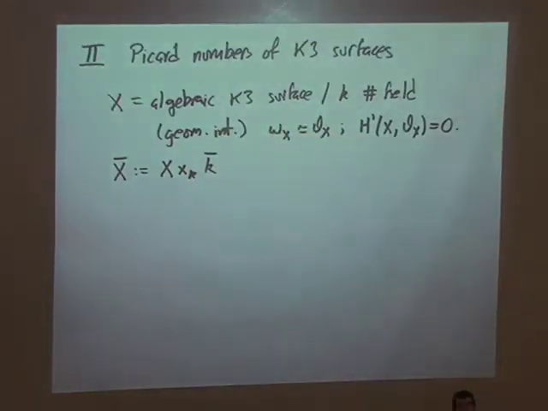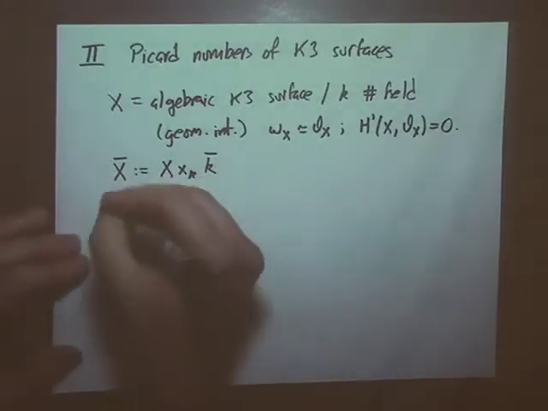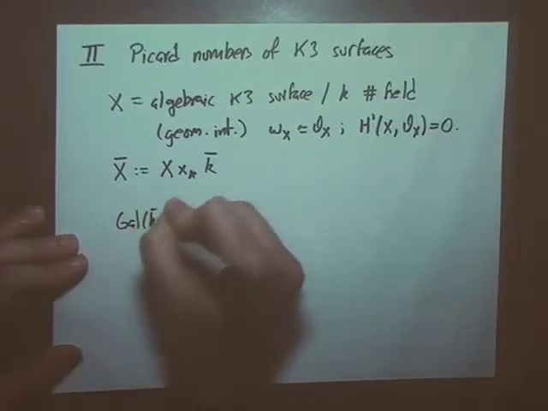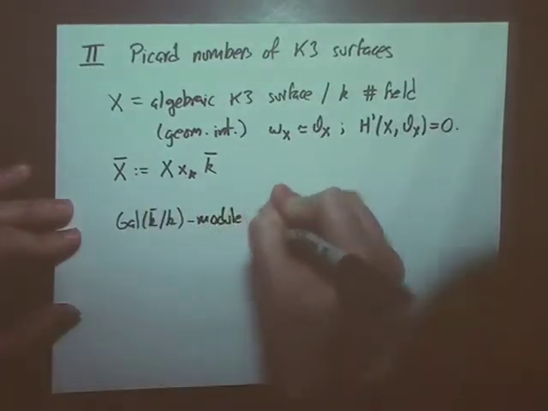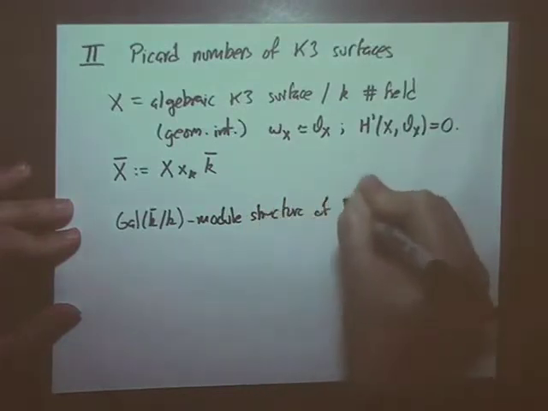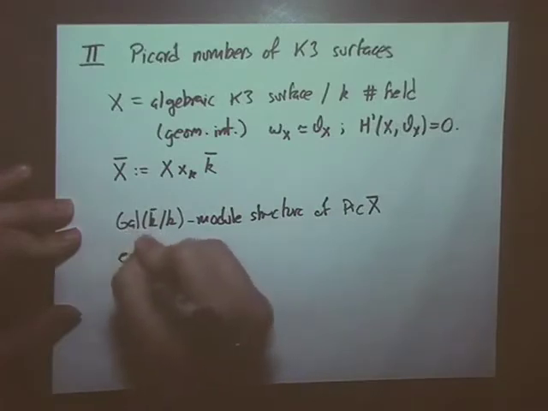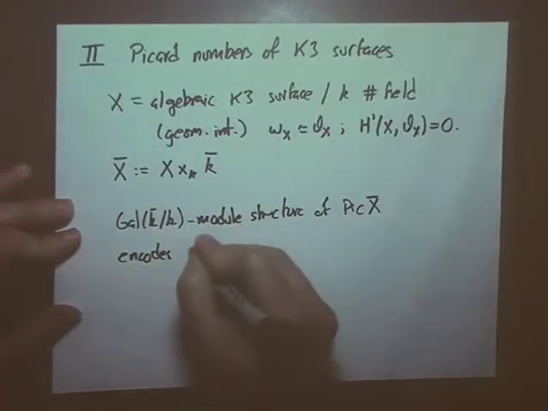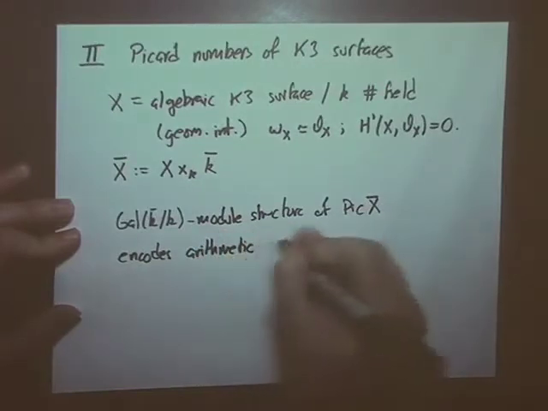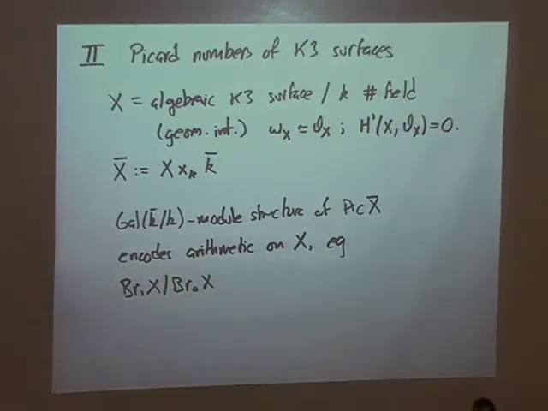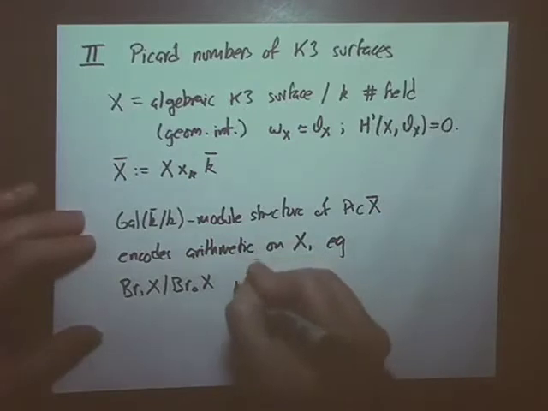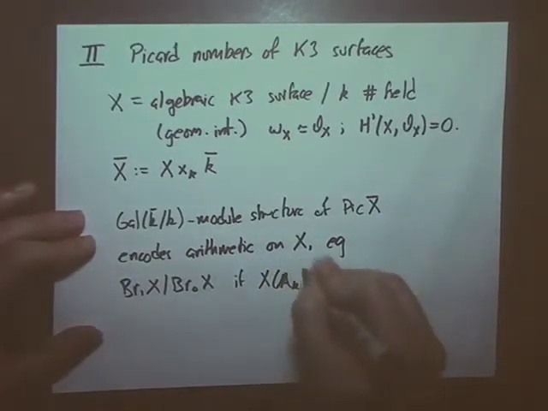And as we just saw in the previous lecture, at the beginning of the lecture, he noted that using this spectral sequence, you could see that the Galois module structure of Pic X bar encodes, this is a vague statement, arithmetic on X. For example, the algebraic Brauer group modulo those pesky constant algebras coming from the ground field, we saw that this was isomorphic to H1 of Galois acting on Pic X bar, provided, for example, that you have some local points or something like this.